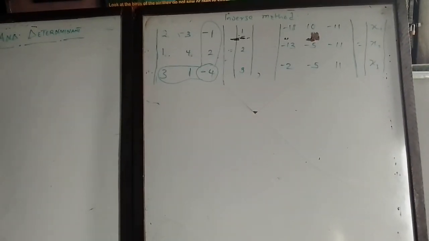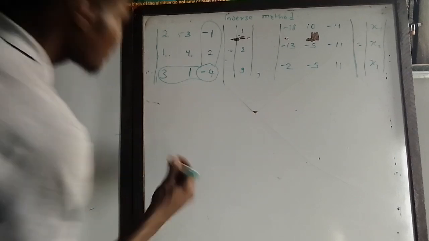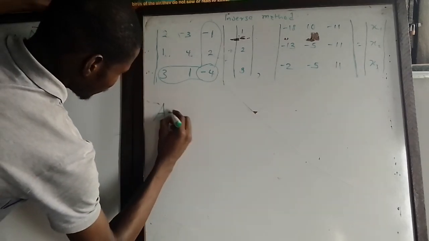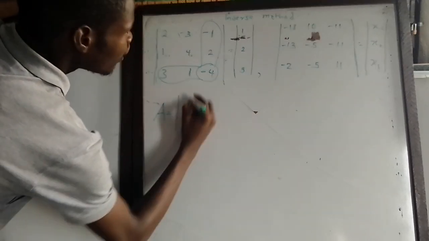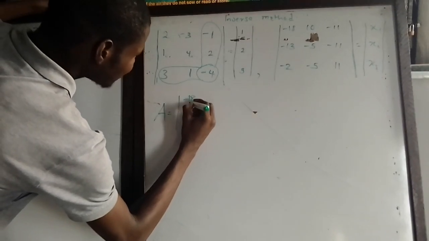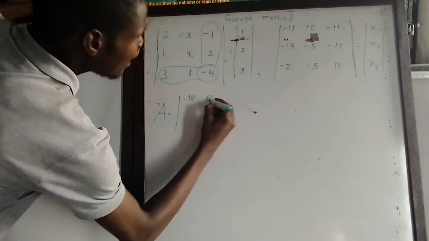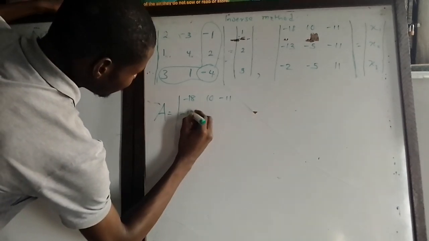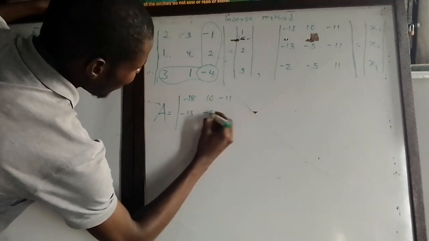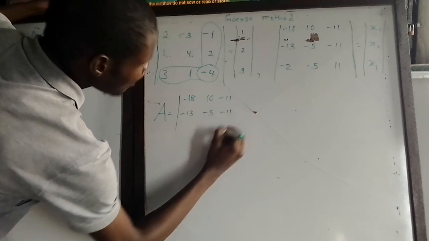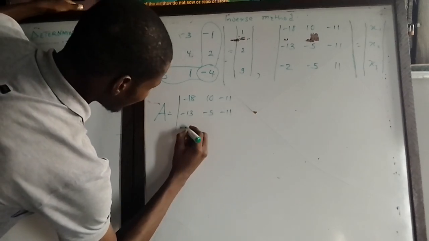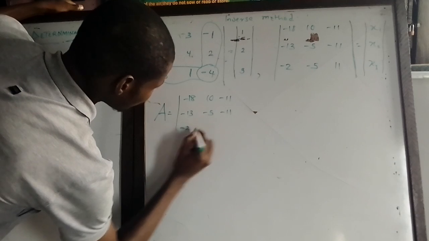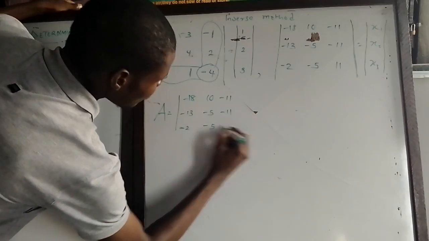So now our A equals to minus 18, 10, minus 11, minus 13, minus 5, minus 11, minus 2, then minus 5, then 11.